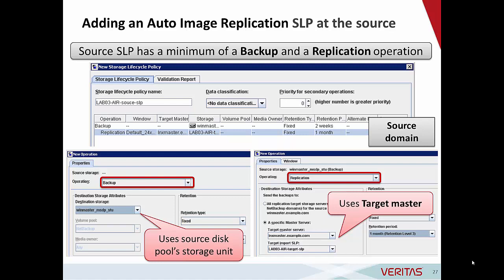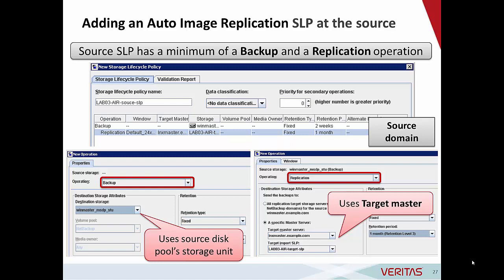First, we create a backup operation that targets the source disk pool's storage unit. And then I create a replication operation. The replication can either do replication to all target disk pools, which would be the first option, the default option, or I can use targeted AIR, which is the second option.